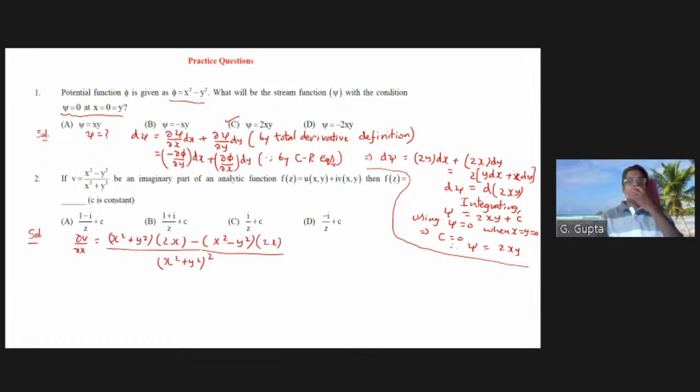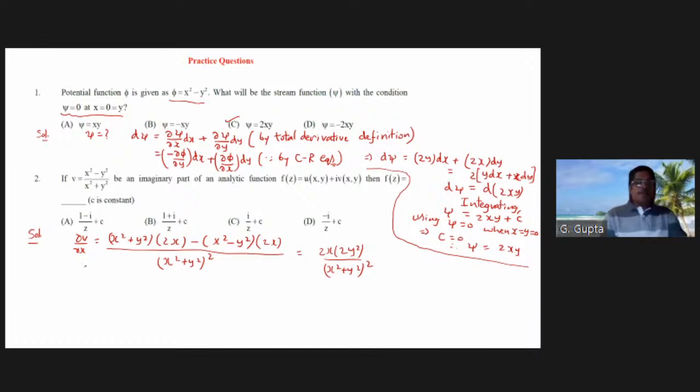So this is equal to 2x common, 2x cube and 2y square, over x square plus y square whole square. x square minus x square cancelled, y square plus y square is 2y square.